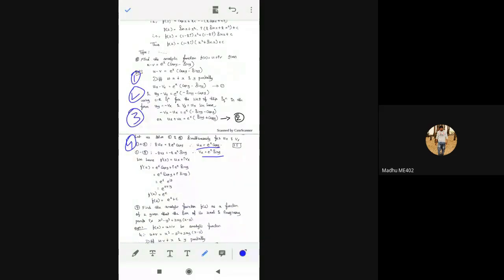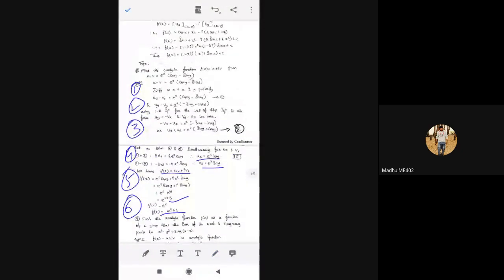Then fifth step is we need to write f dash of z as ux plus i vx, so that you'll get f dash of z in terms of e power z. Then sixth step is we need to integrate, so that we'll get the answer as e power z. So this is about this problem.